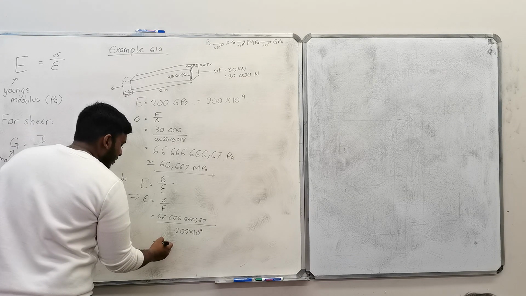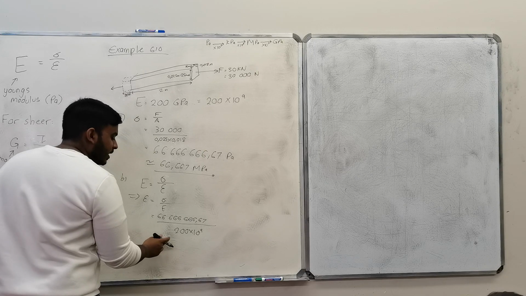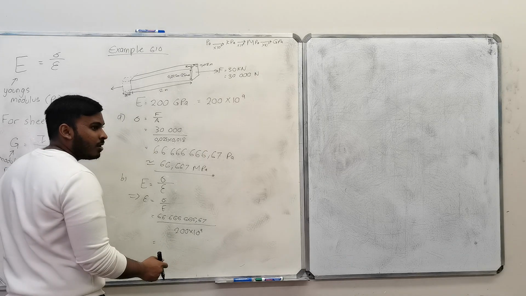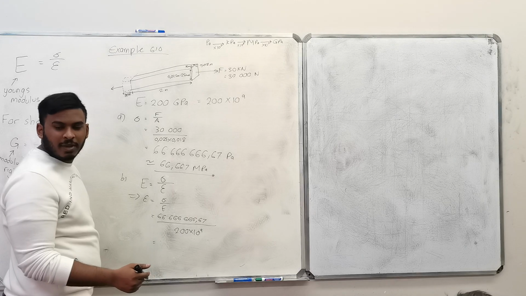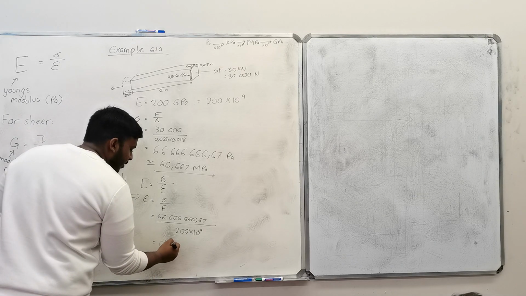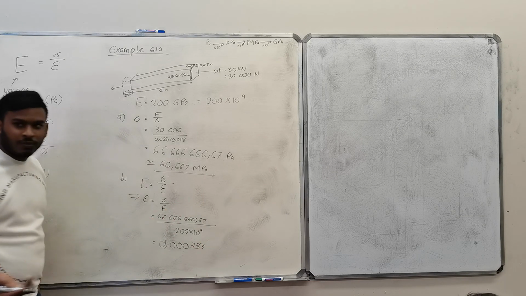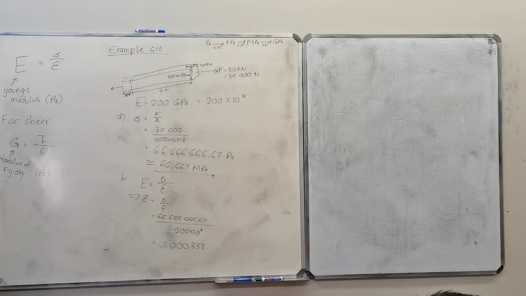3.3 recurring times 10 to the minus 4. So that's 0.000333, and there are no units for strain.